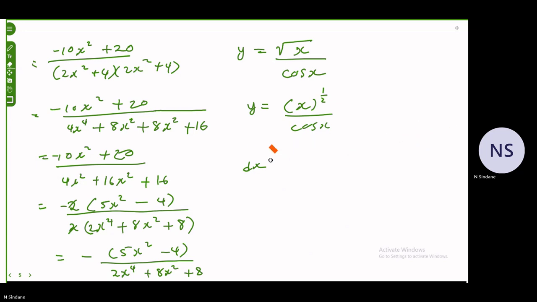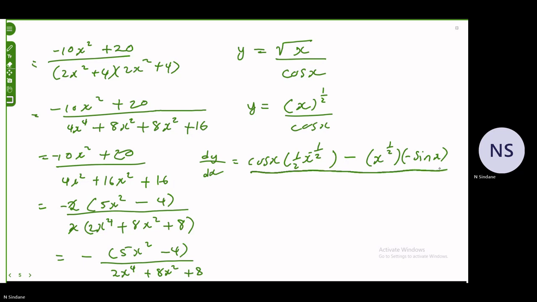So still I have my dy over dx. This will give me cos of x into half x to the power negative half, then minus, rewrite my numerator, x to the power half into negative sine of x, divided by cos x bracket squared.